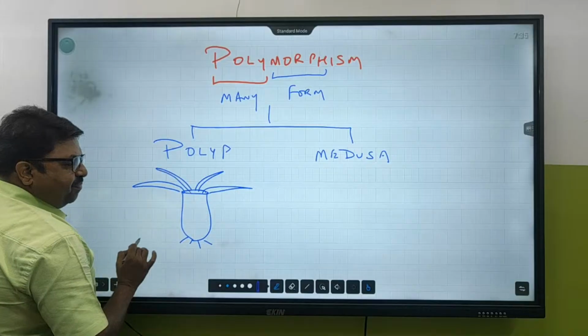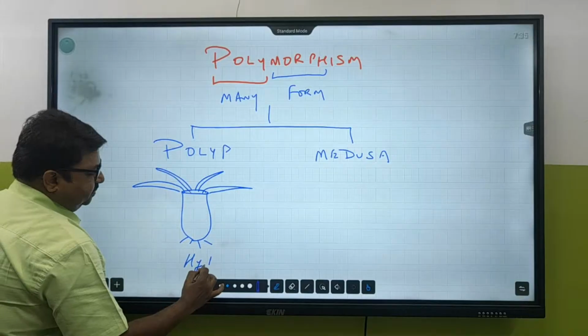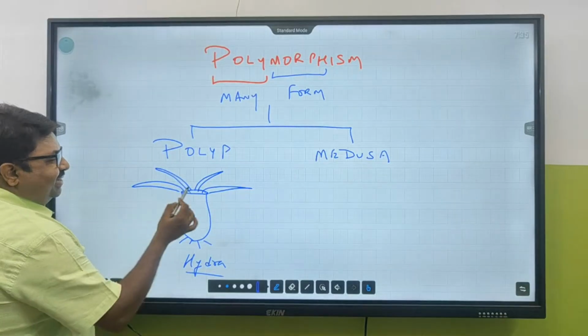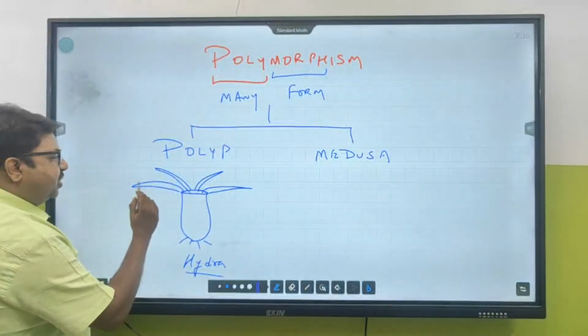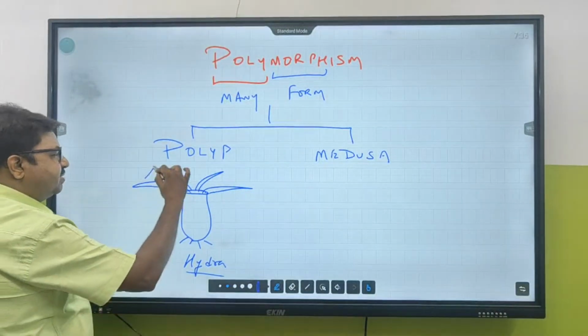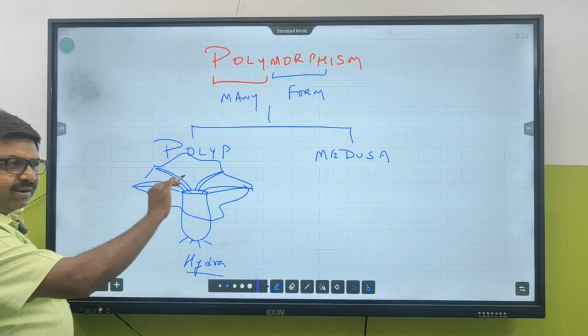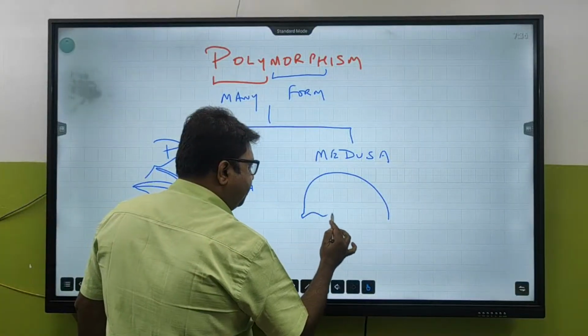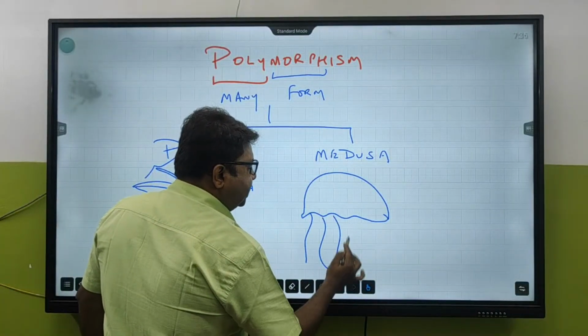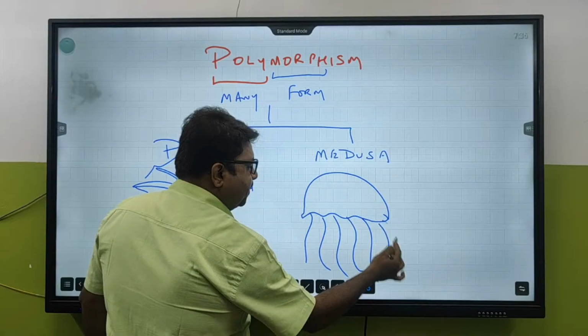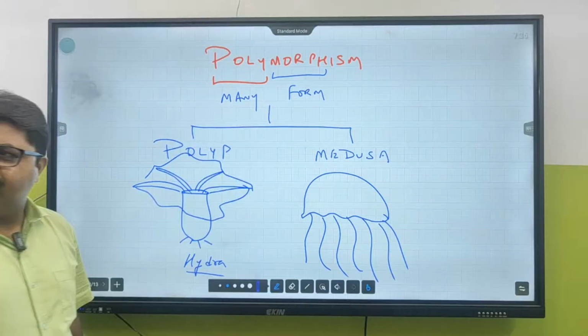They have got tentacles like this. Think about a stalk-like structure and an umbrella-like structure. Make the umbrella upside down. These are tentacles and this is a jellyfish.